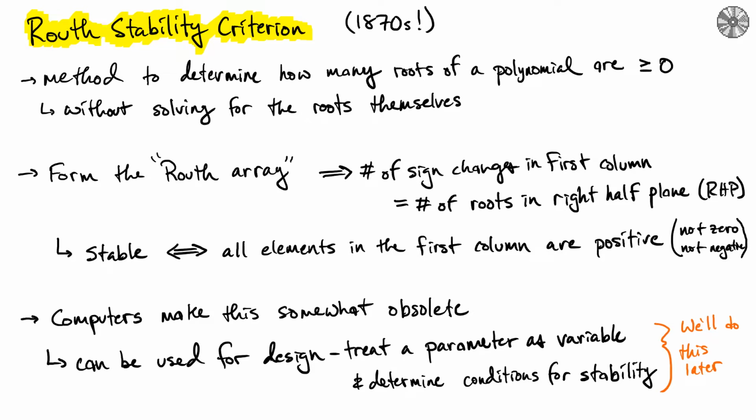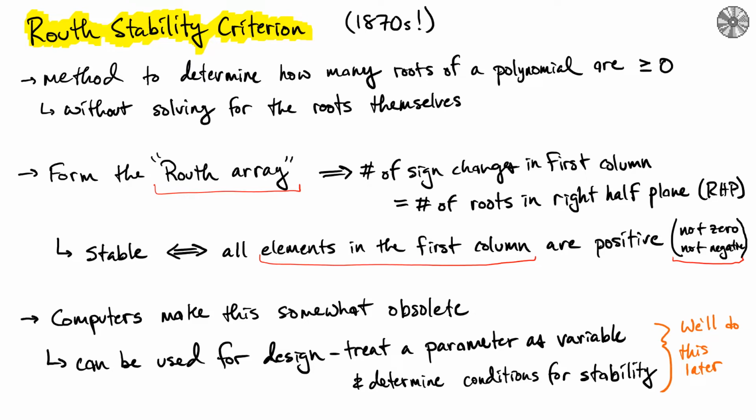What this boils down to is that we're going to compose the Routh array, which is essentially a big table with some rules about how to construct it. If all of the elements in the first column of this table are positive, not zero and not negative, but positive, this means that all the poles are stable. It may feel a little bit old school and clunky.